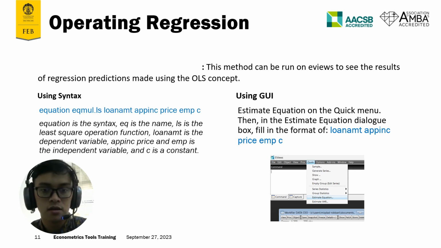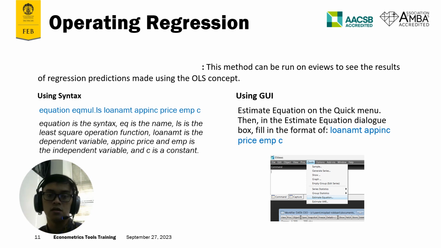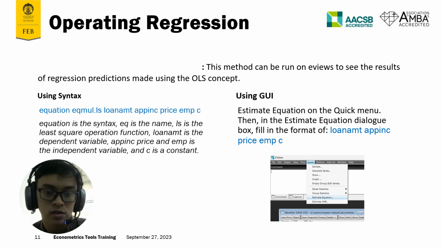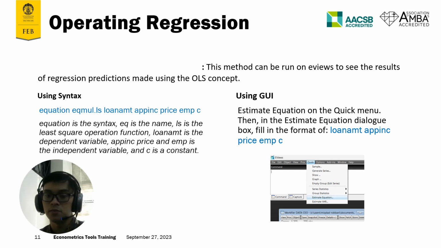Okay. In this step, this is what you can do when you want to run a multiple regression, multivariate regression. Actually, the term we can use is multivariate instead of multiple.